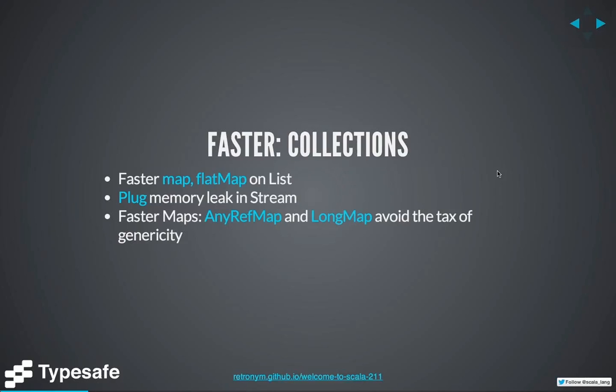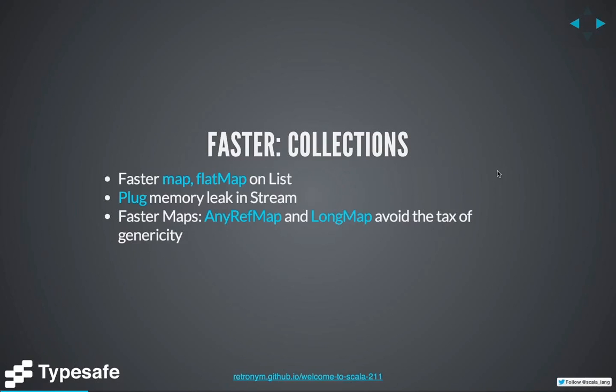He's also contributed 2 new map implementations which can avoid the tax that one has to pay for generic collections by specializing on the key type. So a map whose keys must be reference types rather than a generic type, which in Scala could also encompass primitives or reference types.